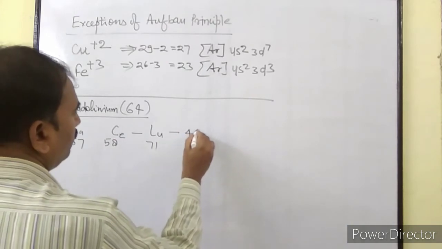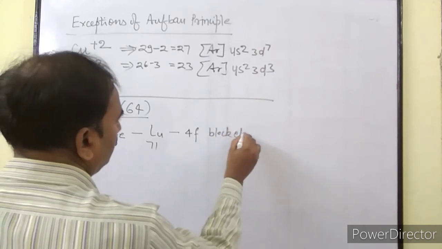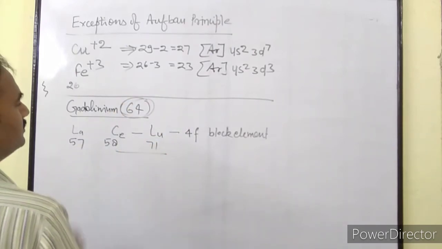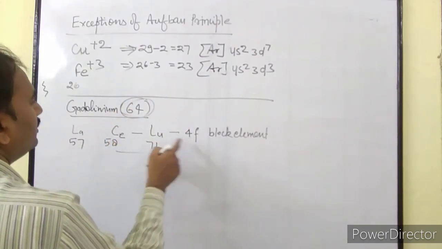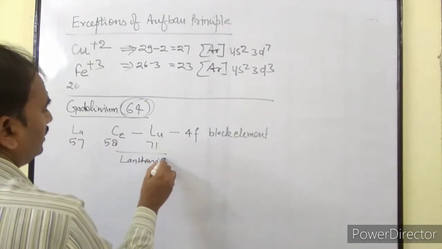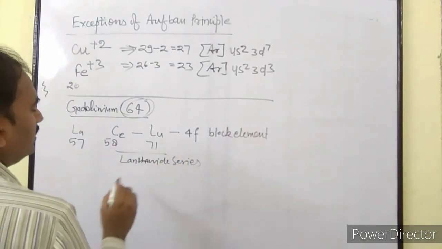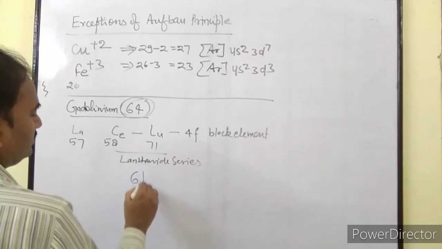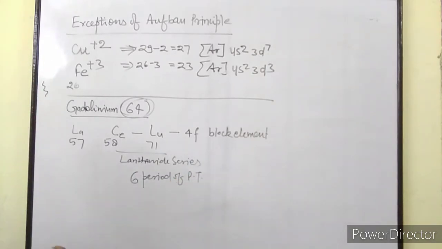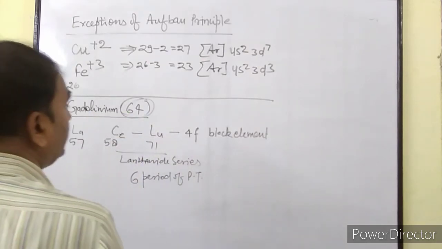These are 4f block elements. So this atomic number will fall in this range. So this will be F block element, and this is lanthanide series. We know very well lanthanide series comes under the 6th period of periodic table.